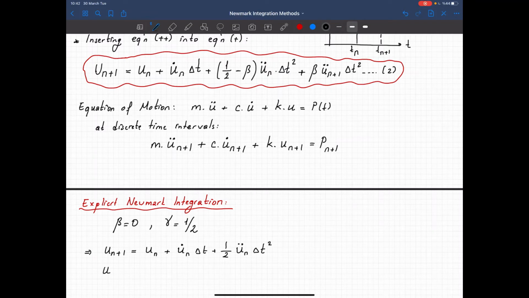And the velocity at the next time step is equal to u dot n plus 1 over 2 u double dot n delta t plus 1 over 2 u double dot n plus 1 delta t.